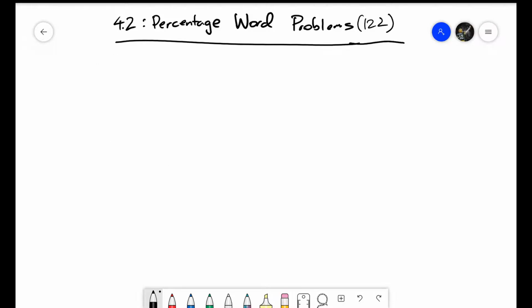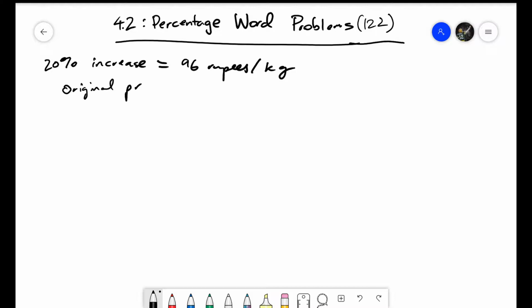Next problem is, the price of a product after a 20% increase is equal to 96 rupees per kilogram. And the question is to find the original price. So to do this, a 20% increase means that you add 20 over 100 times a number.